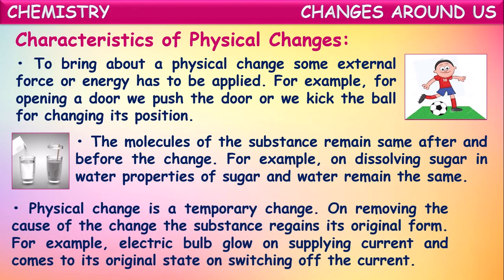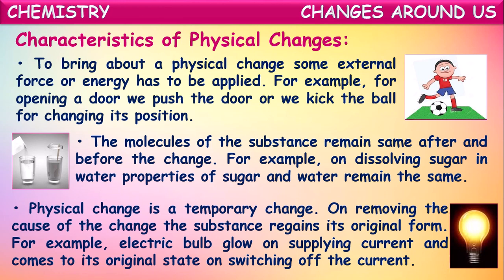One more: physical change is a temporary change. On removing the cause of change, the substance regains its original form. So these physical changes are generally temporary and reversible changes. For example, an electrical bulb glows on supplying electrical current, isn't it?